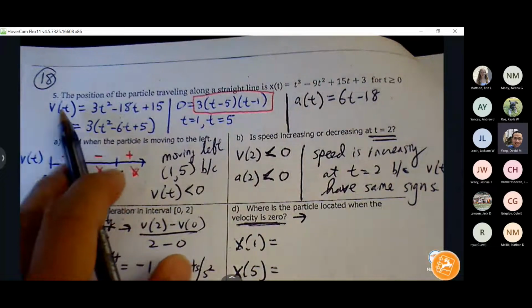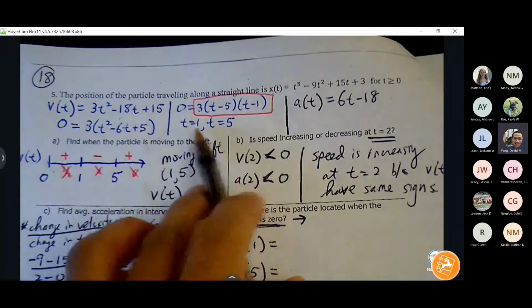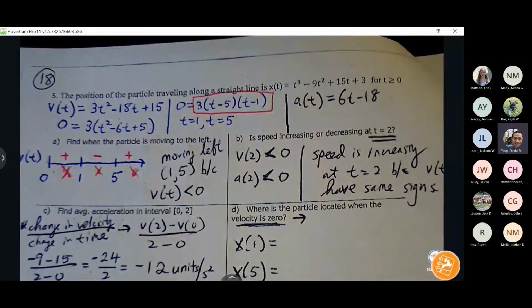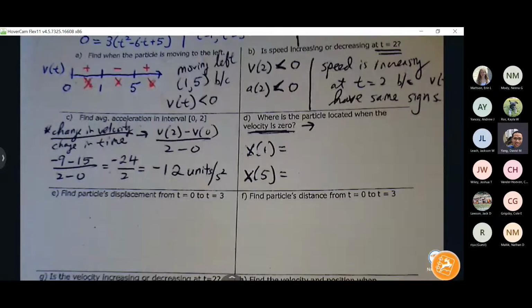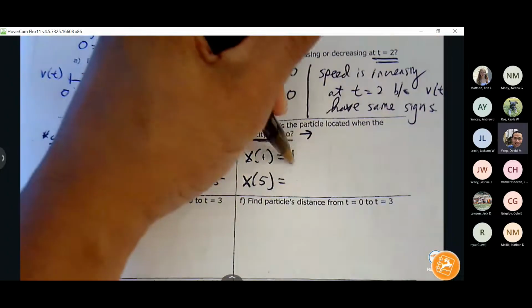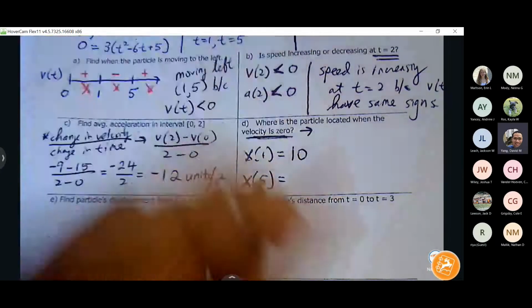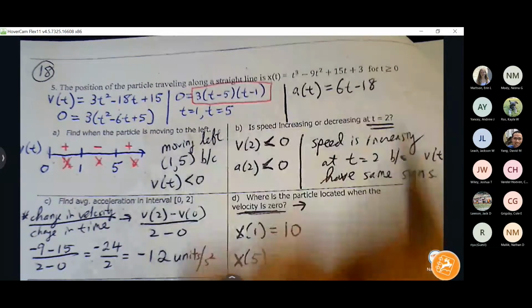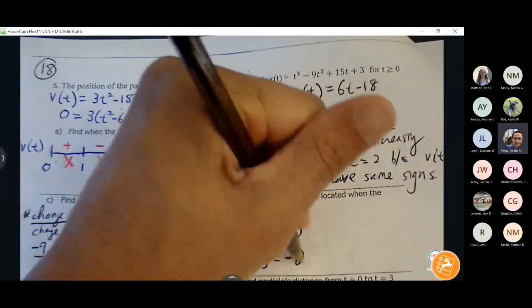Well, we gathered that from part A, right? Velocity is 0 when t is equal to 1 and 5. So we're just pulling that information from before and using it. Okay, so x of 1 into the position function, we'll get 10. X of 5, plug 5 into the position function, we'll get negative 22.